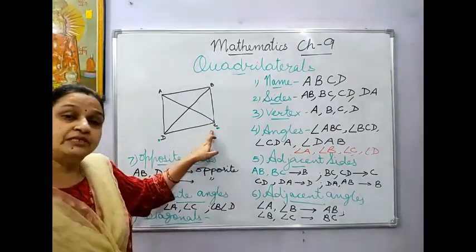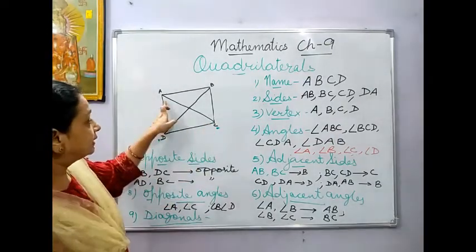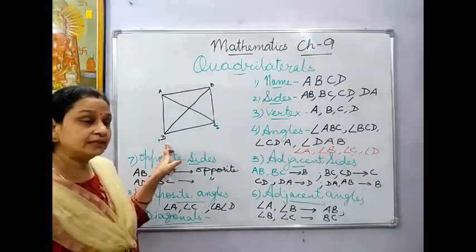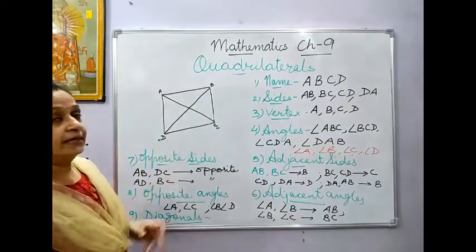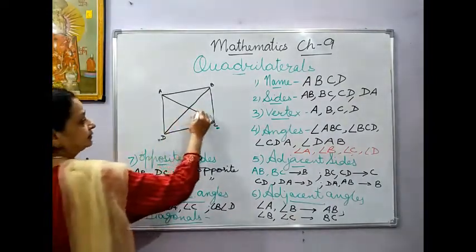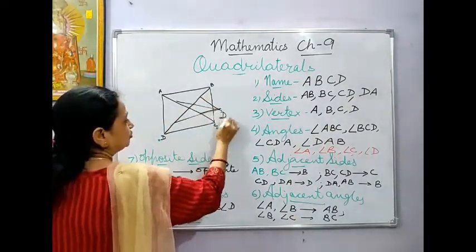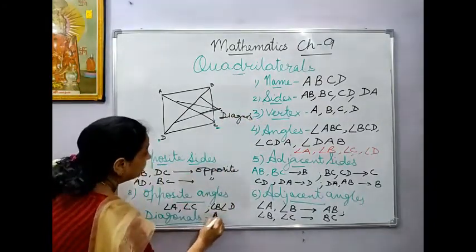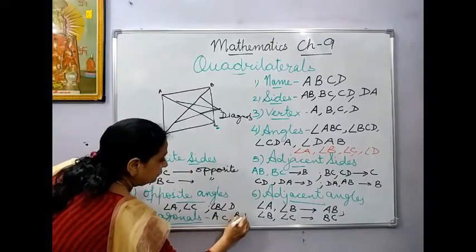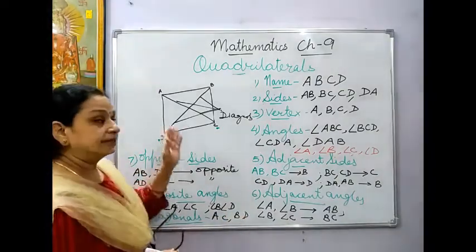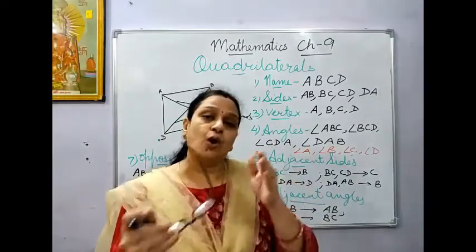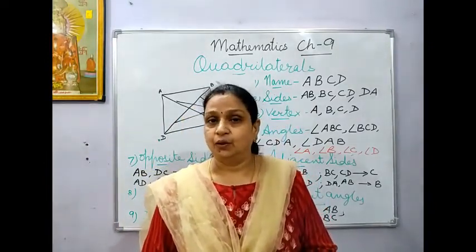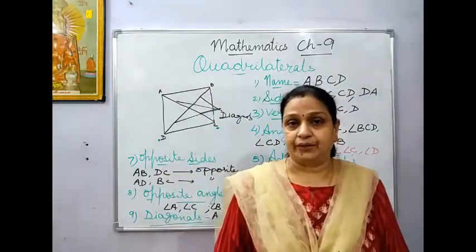They are opposite vertices, and the line joining these, similarly B and D, is also an opposite vertex pair. The line segments joining opposite vertices are said to be the diagonals. So the diagonals are AC and BD. Hope this much is clear to everyone.